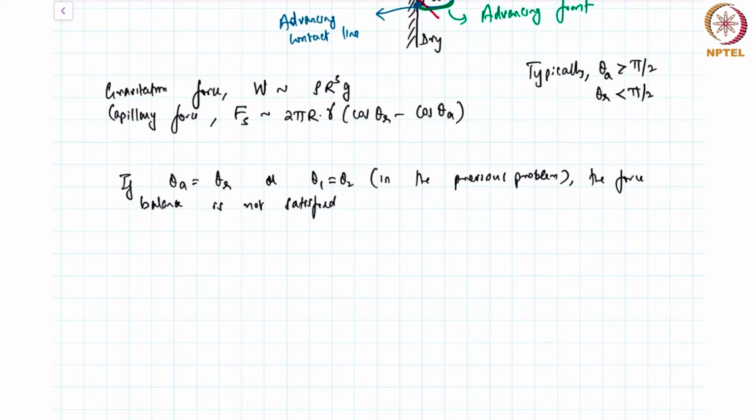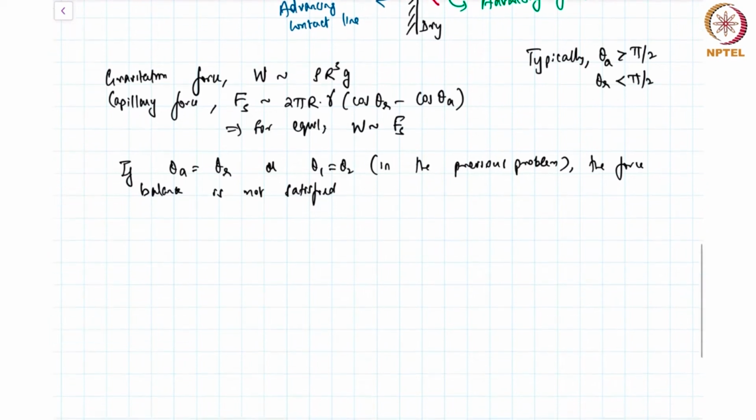And I should mention that for equilibrium, W should approximately be equal to Fs. Of course, there are pre-factors that one has to put in if one wants to do a detailed calculation between the two. But if these angles are equal, then the surface tension force, the capillary force, goes to 0, and the force balance will not be satisfied, and in fact it means that the drop will slide down. The drop or the plug in the previous problem will slide down.